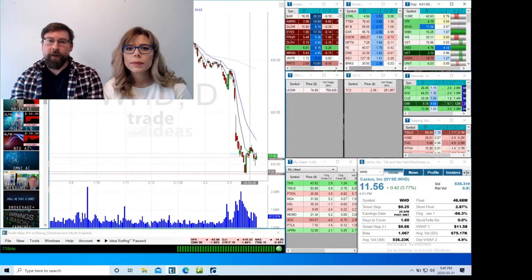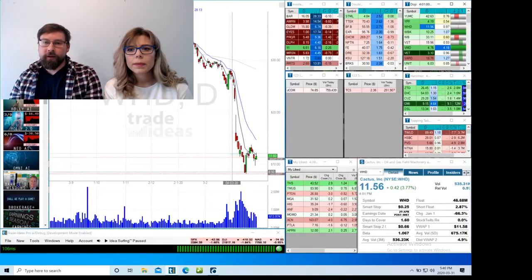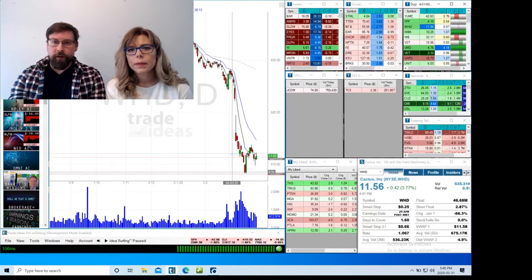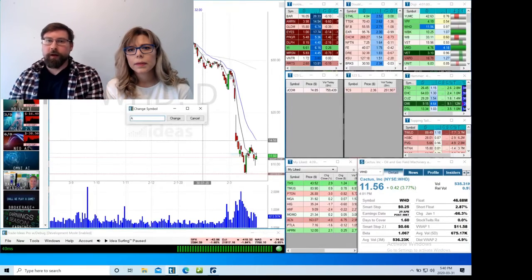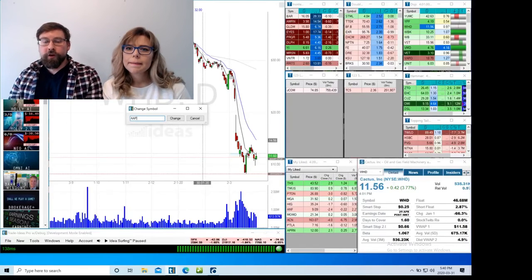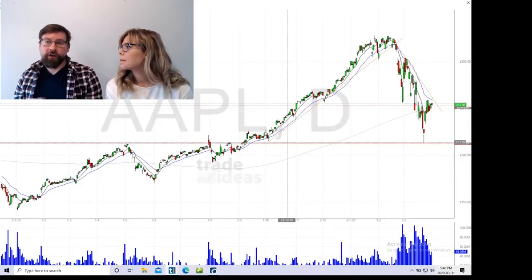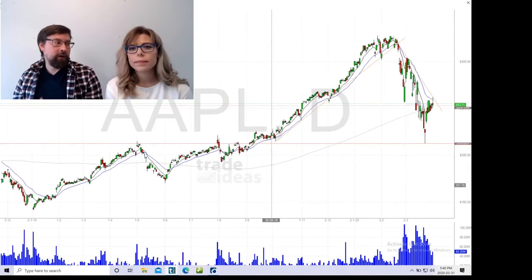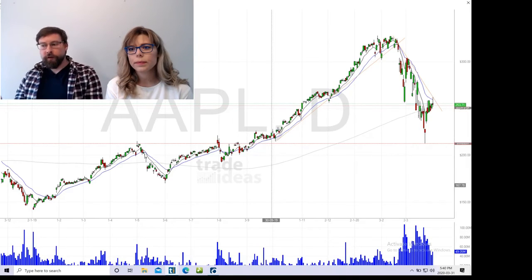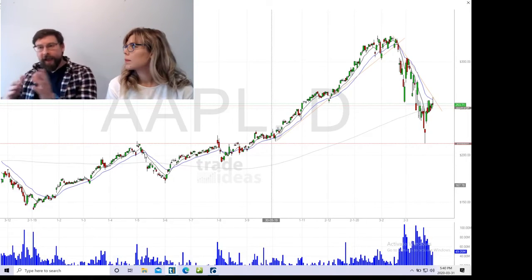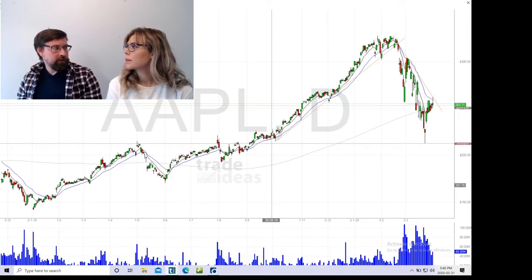So for example, with Apple, AAPL, you could not only say, show me all of the dojis, but you could say, show me the dojis of a stock that's in an uptrend that people are talking about in the news, and then any other criteria you want as well.